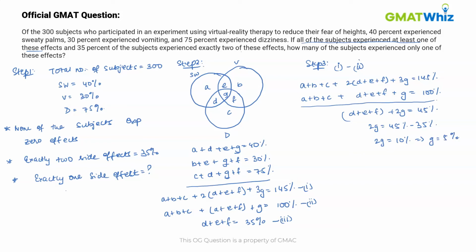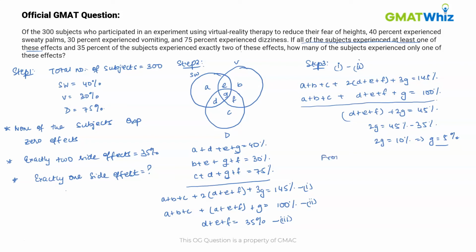Now, using the value of D plus E plus F and G equals 5%, we can find the value of A plus B plus C, that is the number of subjects who experience only one of these effects.